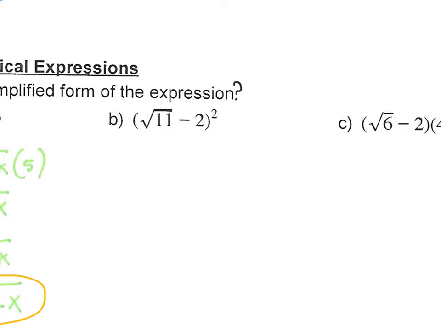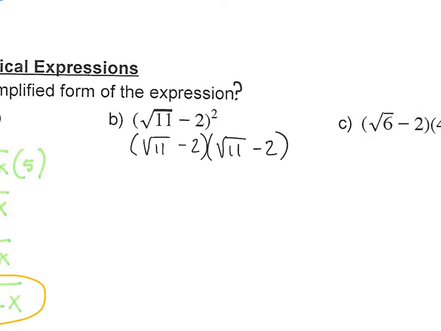Okay, looking at this next one, I can go ahead and do my multiplication. I would rewrite that as the square root of 11 minus 2 times the square root of 11 minus 2. Now I can use whichever method you like to multiply binomials: distributive, the box method, vertical method, or even FOIL.